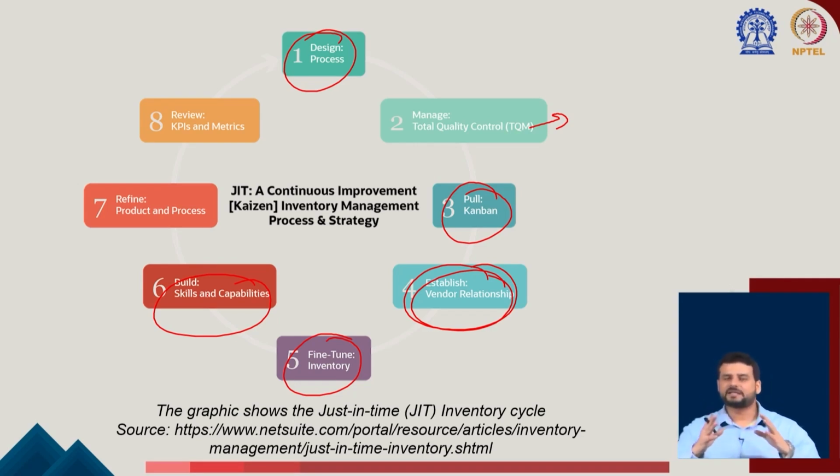This will not work. How quickly the customer's feedback is entered, and how quickly you can share it throughout your network, only then is just in time possible. And then you need to refine the product and processes as well. Product means the components. You need to design components that can be ensured through a just in time environment, right?